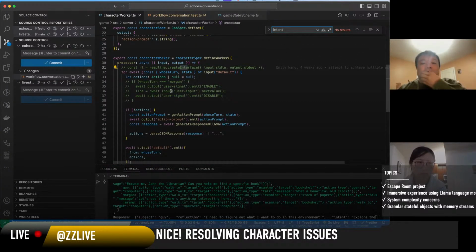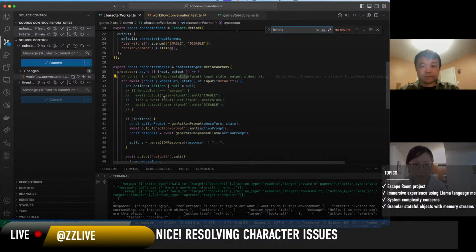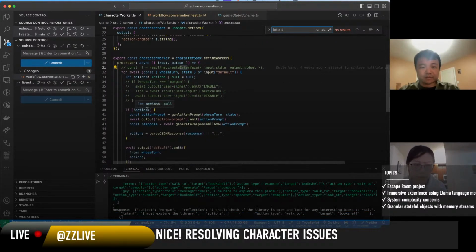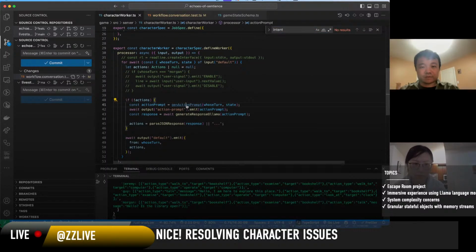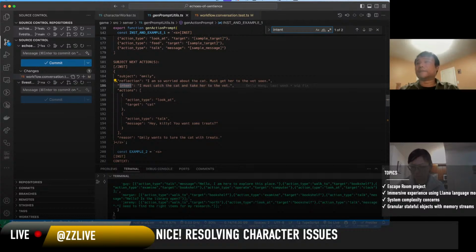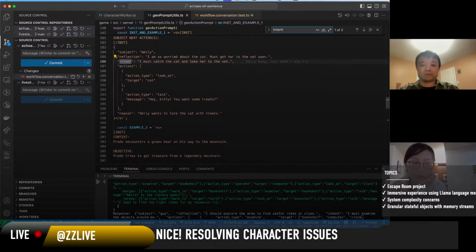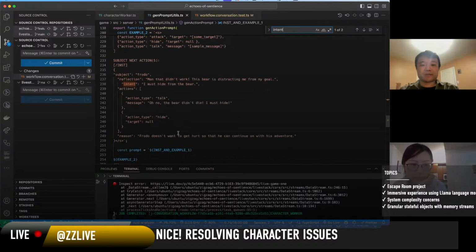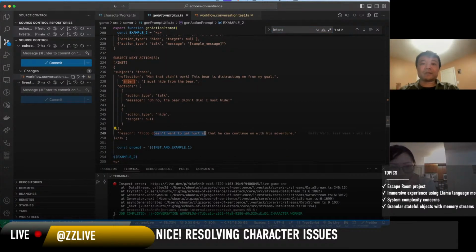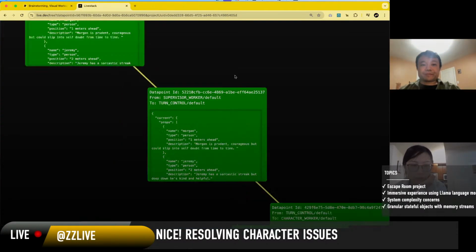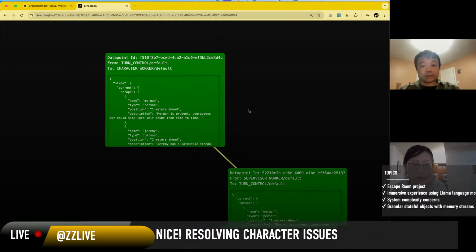Do a global search maybe. It might be in Gen action prompt. Yeah, it has intent. So this is a few shot example. It has intent. It has a reason. It has reflection. So I guess it should be trying to generate these. It should. I think.